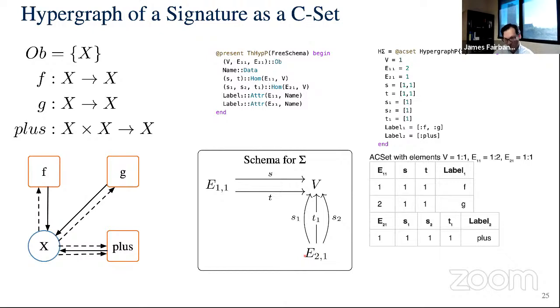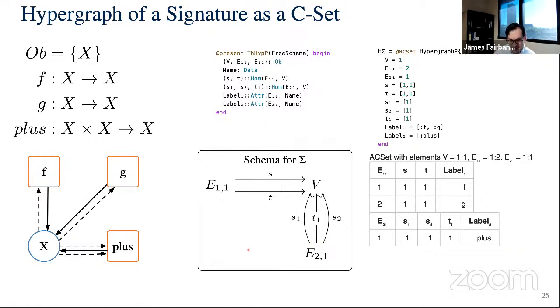It has 2 inputs and 1 output. And all my variables are going to be represented by this set V. Each morphism has the appropriate number of arrows to V: source 1, source 2, target 1, representing this relationship between the morphisms and their arguments and co-arguments.